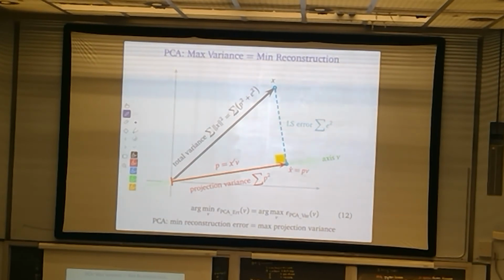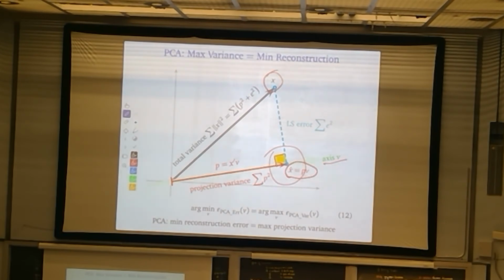We have also shown these two views of PCA. One is the original definition: we want to maximize the projection variance. You pick any axis, you project onto it, and this is orthogonal. Alternatively, I use this to reconstruct a representation of X within my subspace, okay?